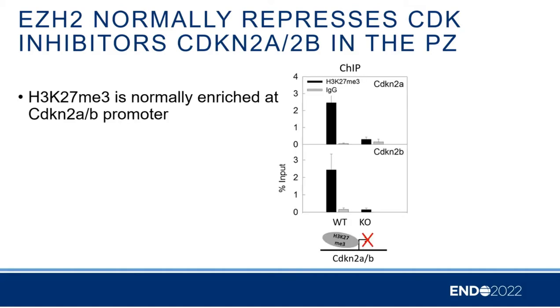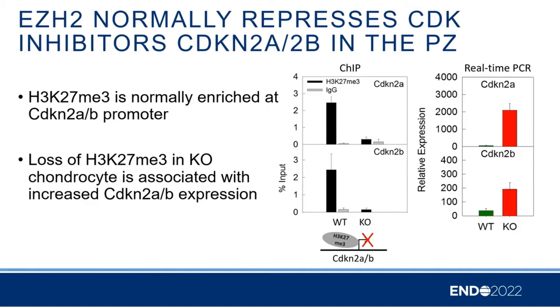And what we found is that in chondrocytes, H3K27 trimethylation is normally enriched in the promoters of these CDK inhibitors, but this mark is lost in chondrocytes that don't contain EZH2, the knockout chondrocytes, and that's associated with an increased expression of these inhibitors.